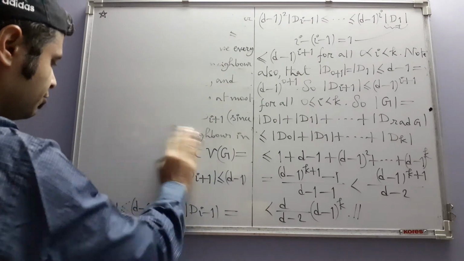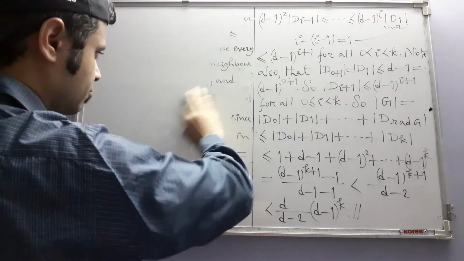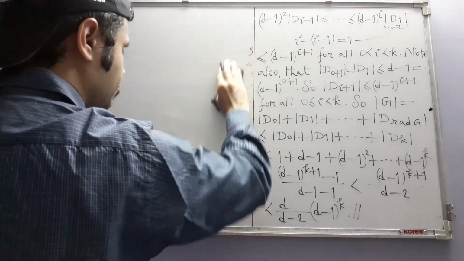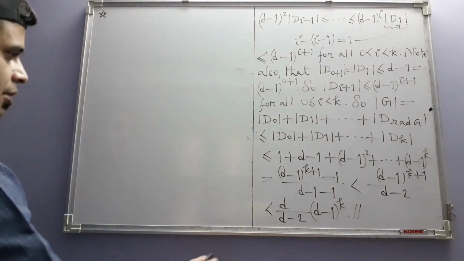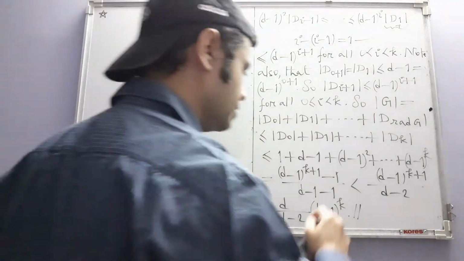So this way, if our radius of the graph is bounded and also the maximum degree is bounded, then the order is bounded in this way.